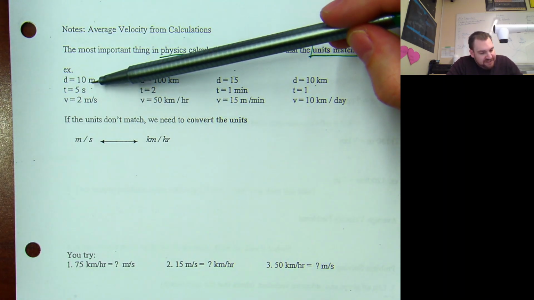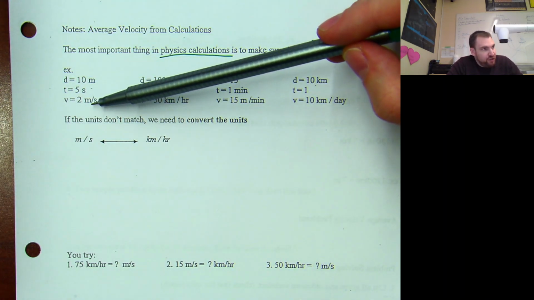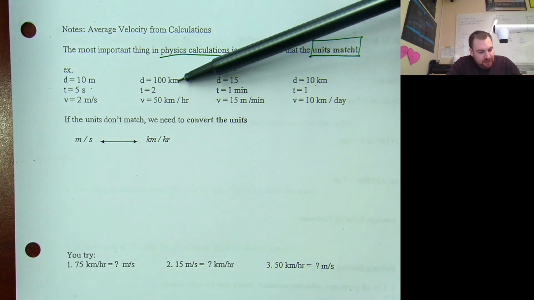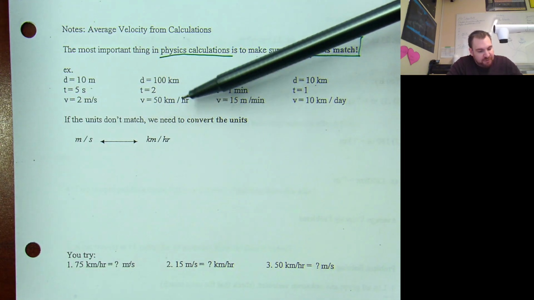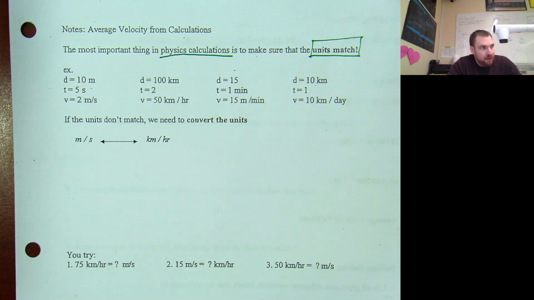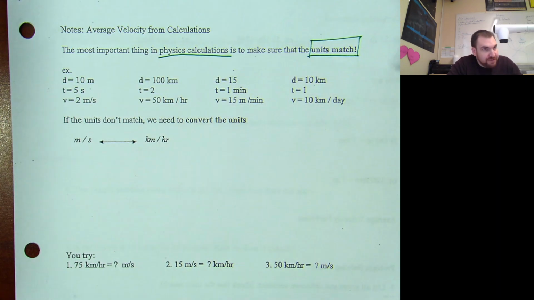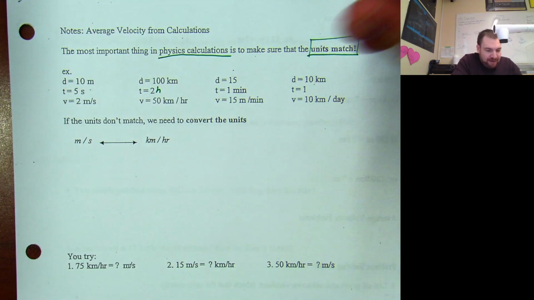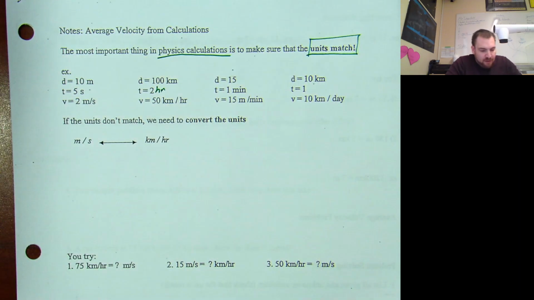So if I have a distance in meters, a time in seconds, my velocity should be in meters per second. If my distances are in kilometers and my velocity is in kilometers per hour, my time has to be measured in hours, because I want to be consistent. And hours is actually HR.